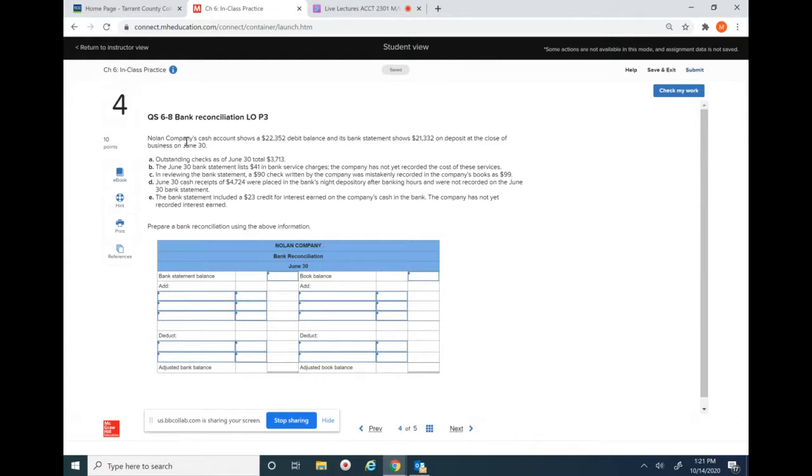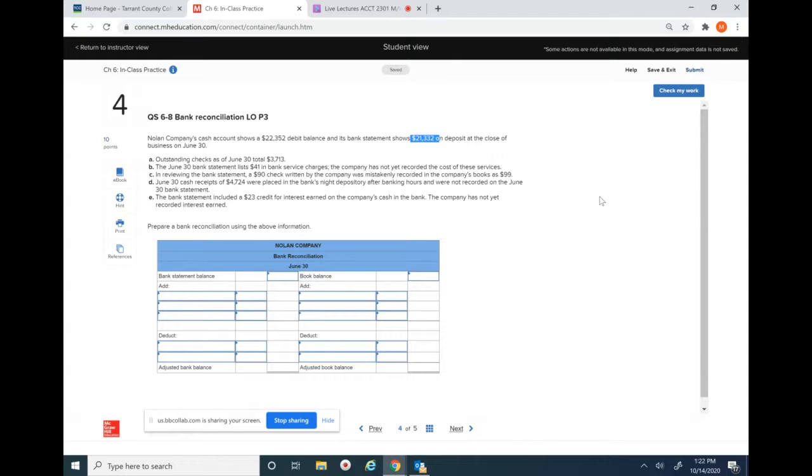So this is the Nolan Company. Their cash account shows $22,352. This would be the book balance. The bank statement shows $21,332. This will be the bank balance. So right off the bat, you guys can see the discrepancy, right?